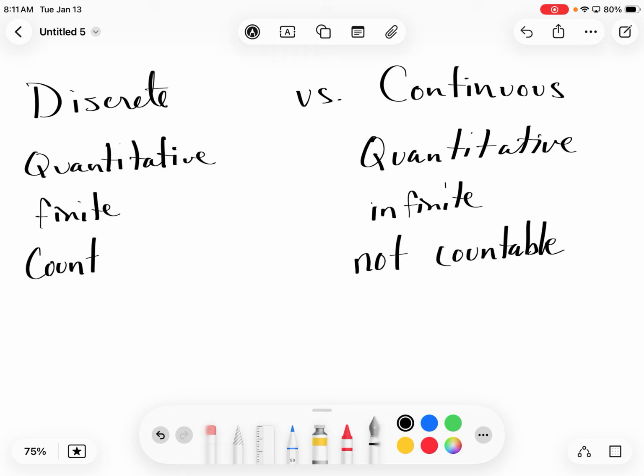How about the number of cars that arrive at a McDonald's drive-thru between noon and 1? Discrete. Why? Because you just sit there and count how many show up during that time. Yeah, and the other thing is that it gives a certain time, from noon to 1. It doesn't say within a year or anything like that.